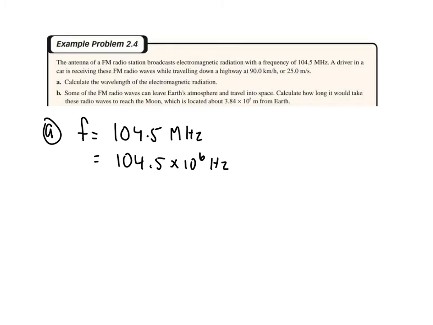The mega doesn't really help us right now, so we don't really want to use the mega at this point. And whether we want to keep it in hertz or per seconds, it doesn't really matter at this point.